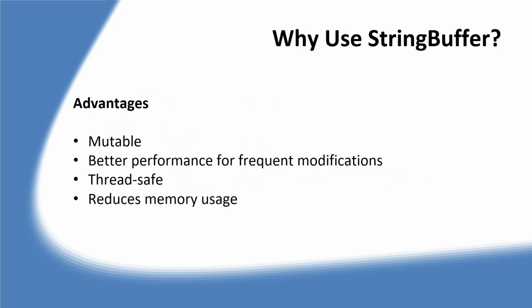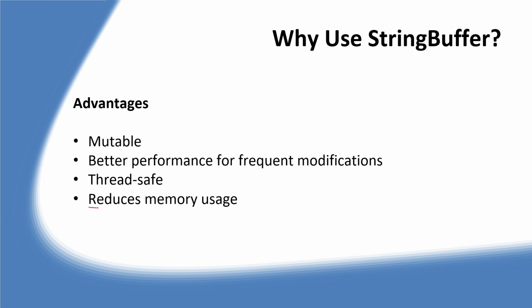Then why use string buffer? String buffer is preferred when we need multiple string modifications. Instead of creating new objects repeatedly, it updates the existing object, thereby improving performance and reducing memory consumption.